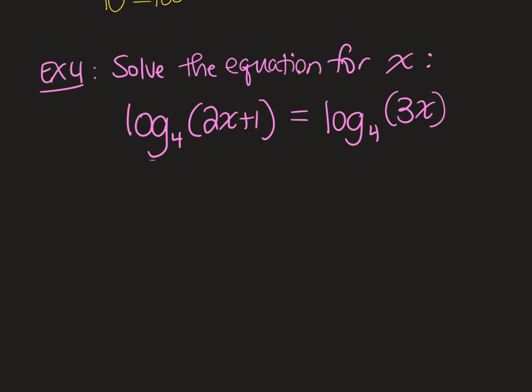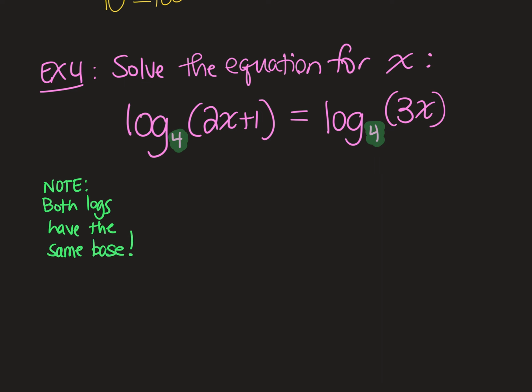So the first thing that we should notice about this, and what's really important for us to know before we can do anything else, is that the bases of both logarithms are the same. So note, both logs have the same base. That is really important.